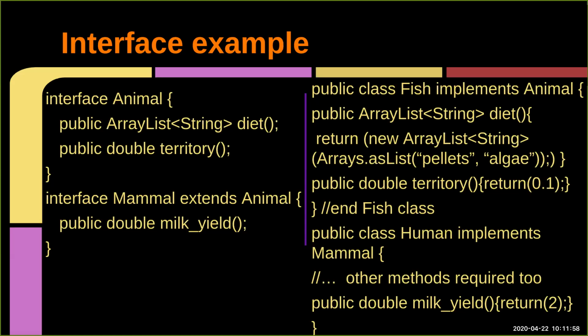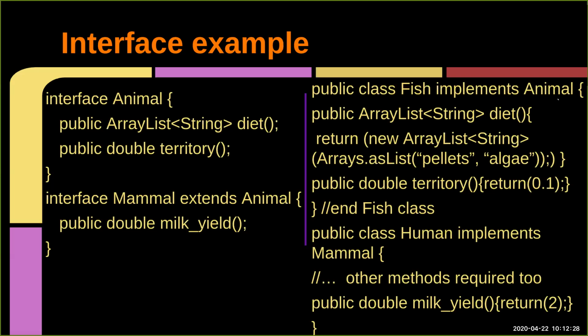This interface mammal means that if somebody's using this interface, not only do they have to have a milk yield method, but they also have to have a diet and a territory. Okay. Hopefully you can see this side. The Zoom stuff is in the way. Yes. Okay.